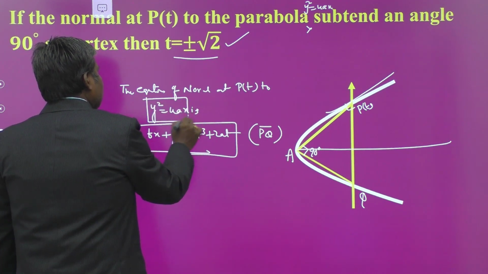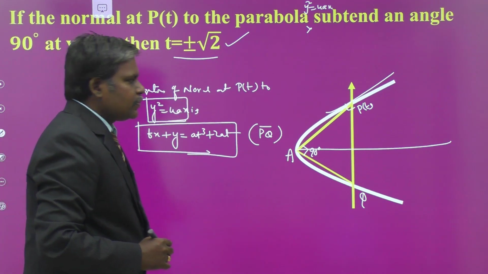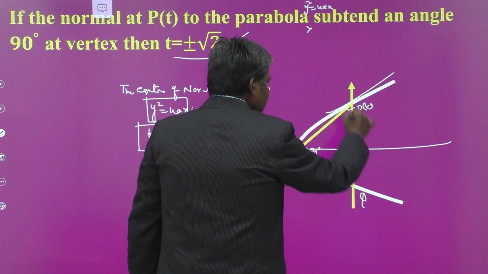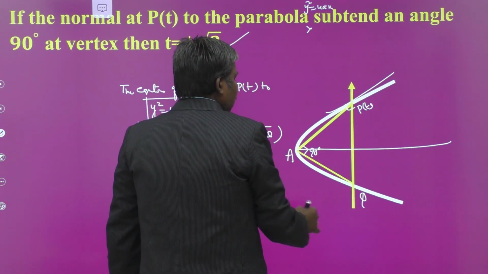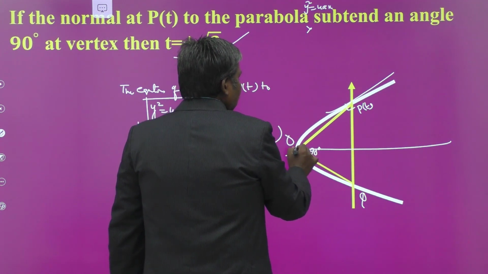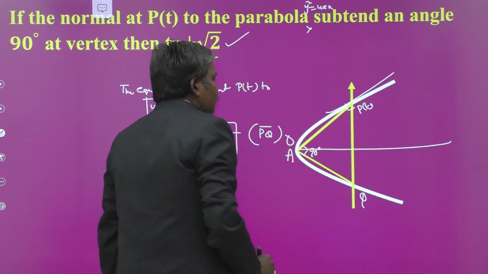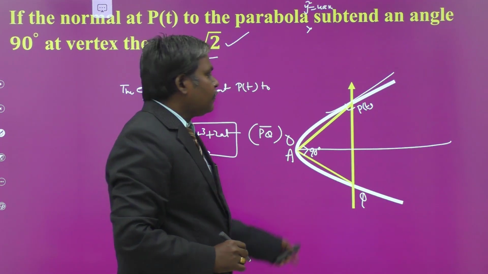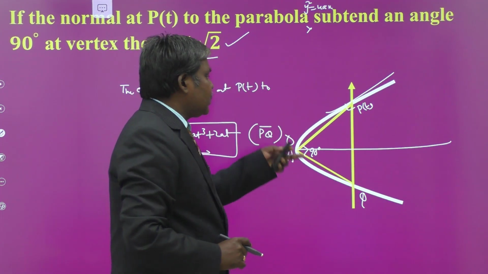Your parabola is y square is equal to 4ax. In first year itself, you know that this is the curve, this is the line, intersecting at P and Q. If you want to find the pair of lines joining the origin to their points of intersection, what you have to do? You have to do the homogenization.